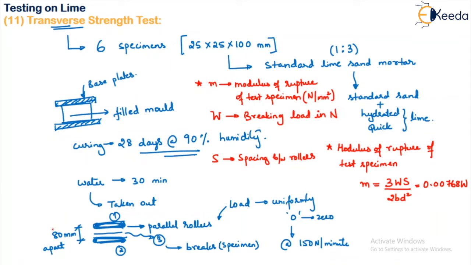Already I mentioned that the spacing will be 80. We have to maintain the spacing of 80. Small b and small d are nothing but the width and depth of the specimen, so generally each will be 25 mm.